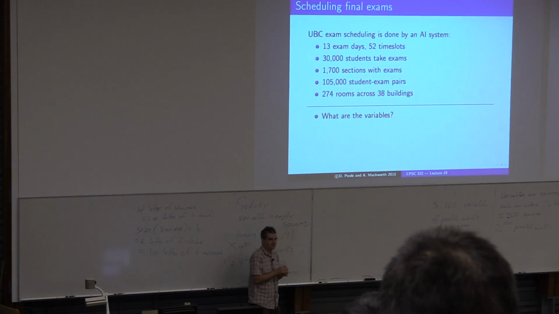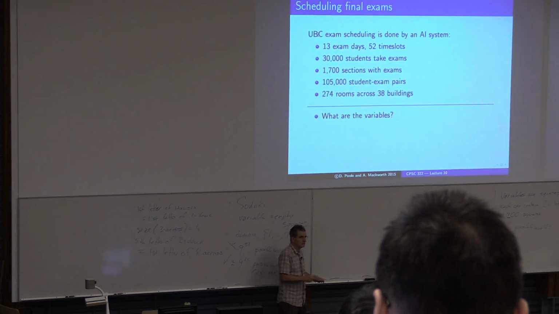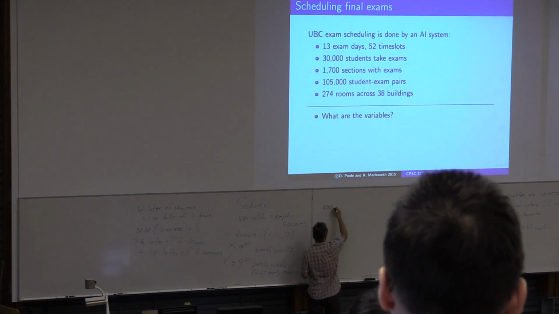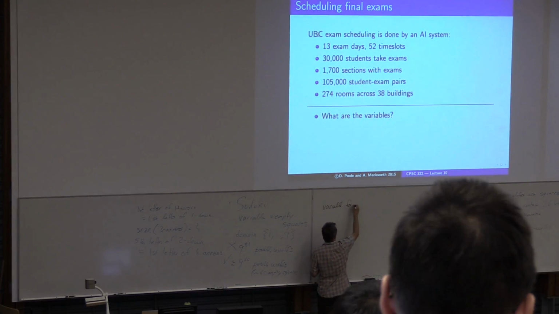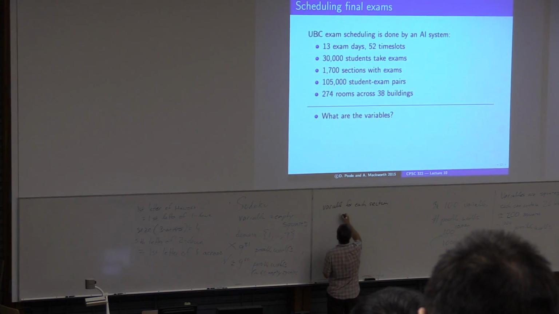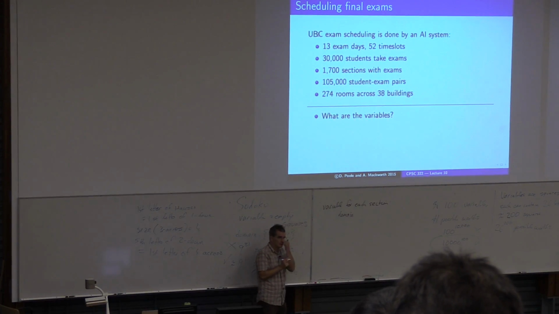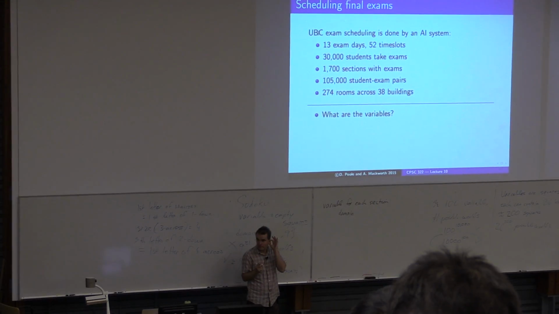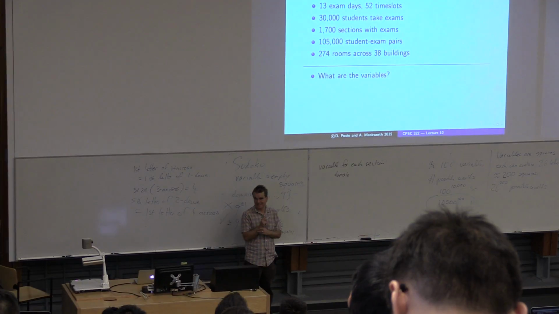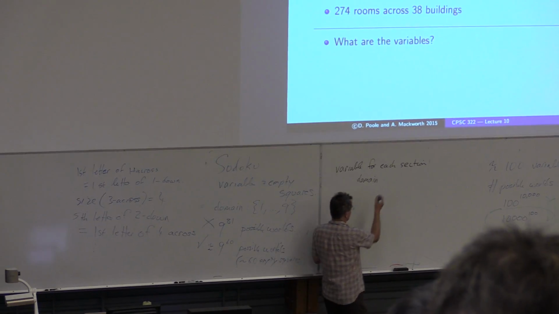There's a variable for each course, for each section. And what's the domain of that variable? We're not assigning a course to every student. What are we assigning to each course? A location. The domain is a location.